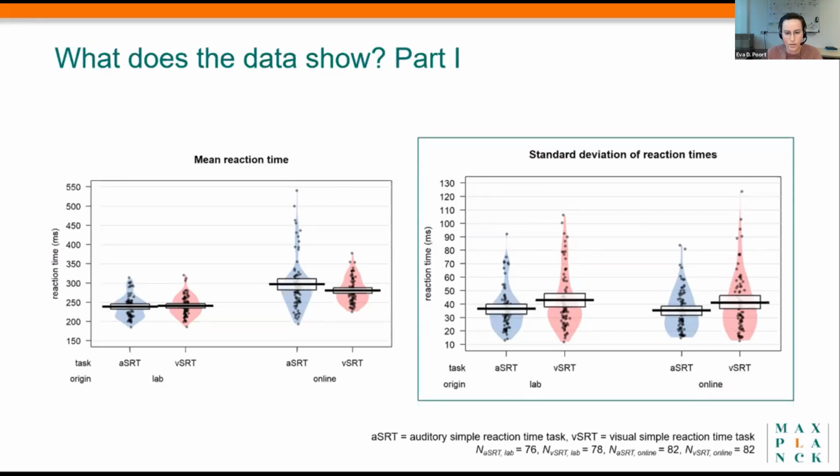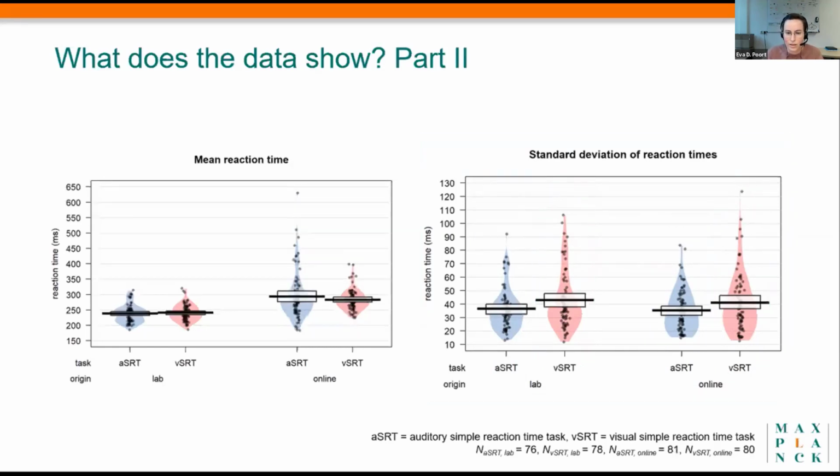And this is also what the homogeneity of variance tests showed. So the variances for the auditory task for the lab and the online data were essentially the same, and the same was true for the visual task.